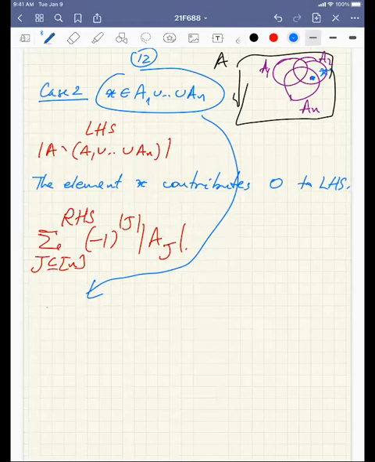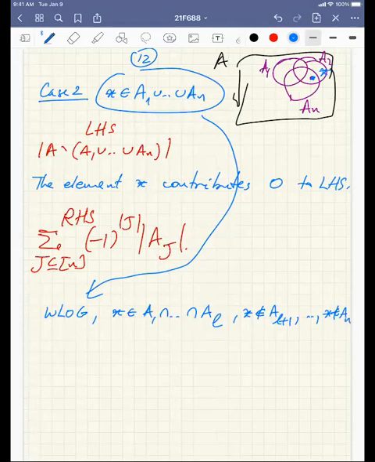So without loss of generality, let's just say that x belongs to A1 intersect AL, and x does not belong to AL plus 1. X doesn't belong to AN. Okay, so it belongs to some. It could belong to the 1st, 5th, and 7th, but let's just relabel the sets such that they are the first L. So in that case, what is going to be the contribution of x?